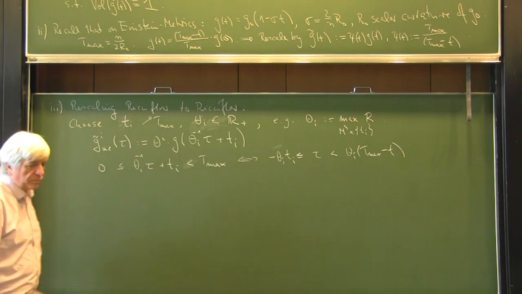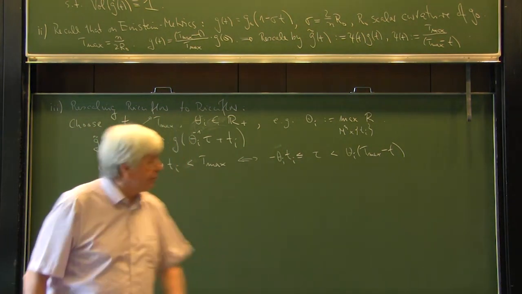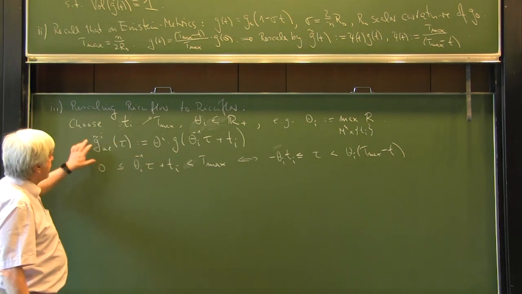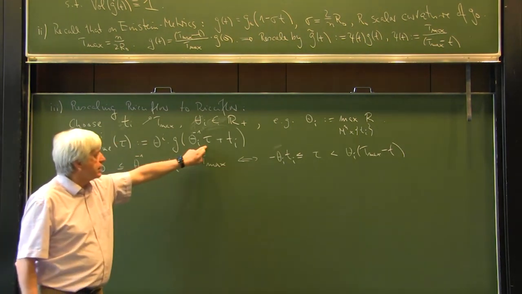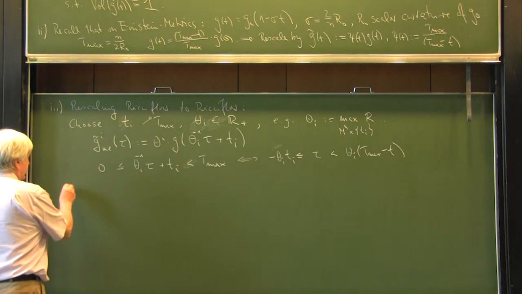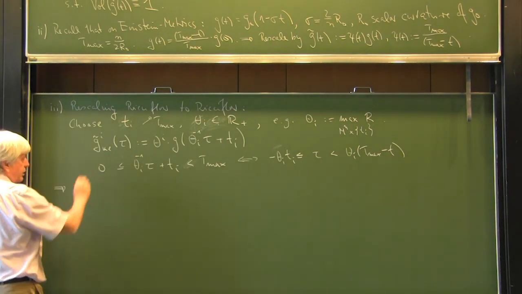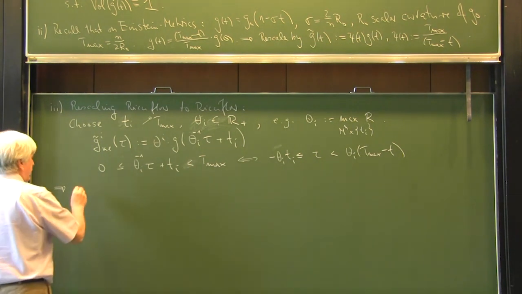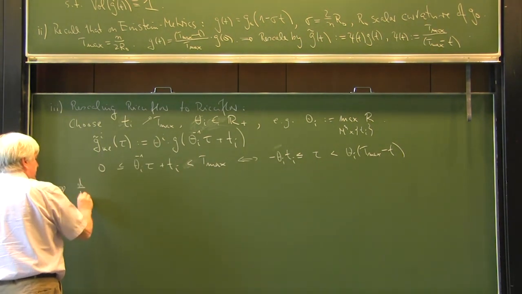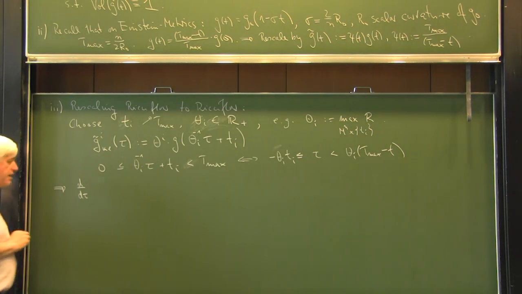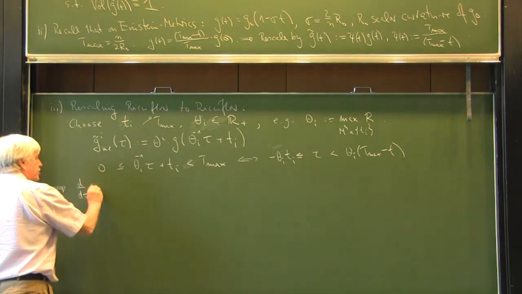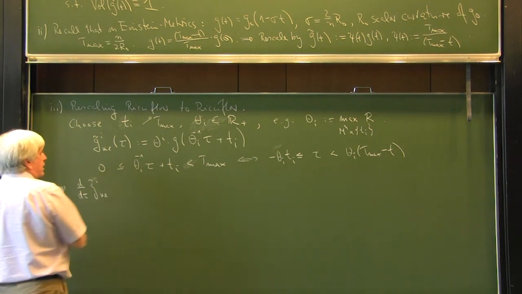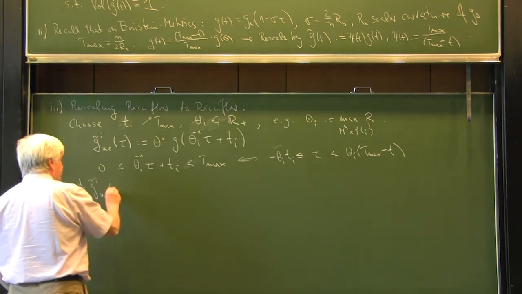And now, with this rescaling of both the metric and the time variable, you can compute that for this new metric with respect to the time variable tau, you get d tau of G tilde I KL of tau.